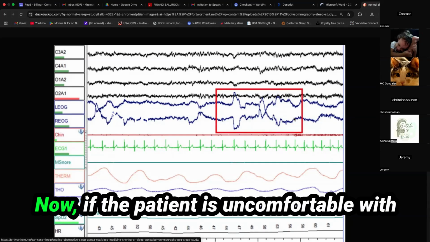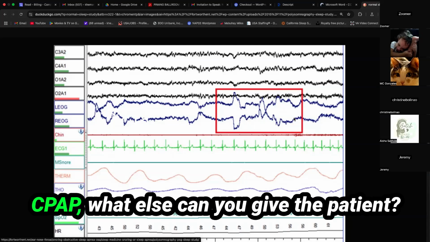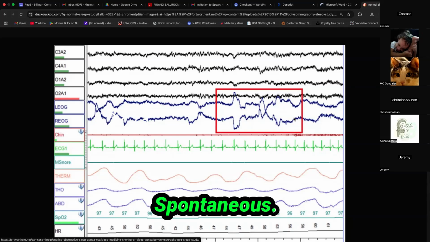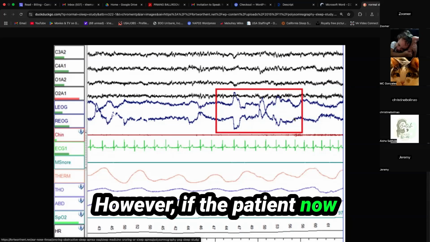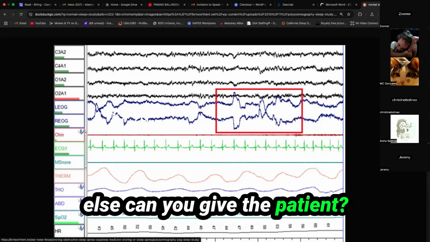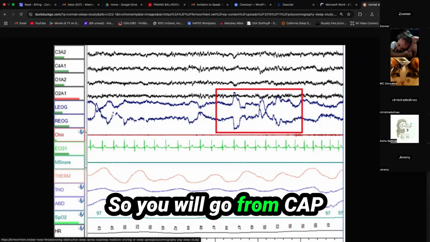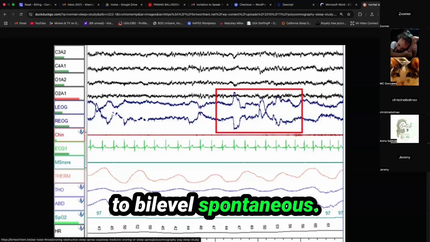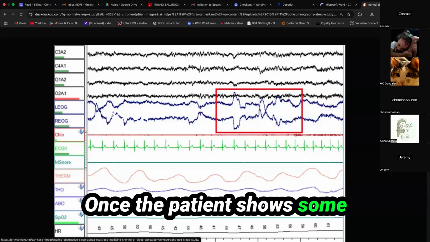Correct. Now, if the patient is uncomfortable with CPAP, what else can you give the patient? Bi-level, spontaneous. However, if the patient now has some central apnea, what else can you give the patient?